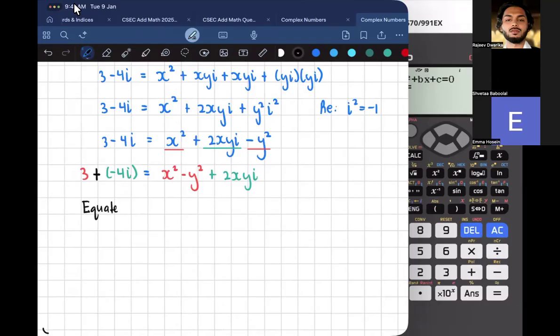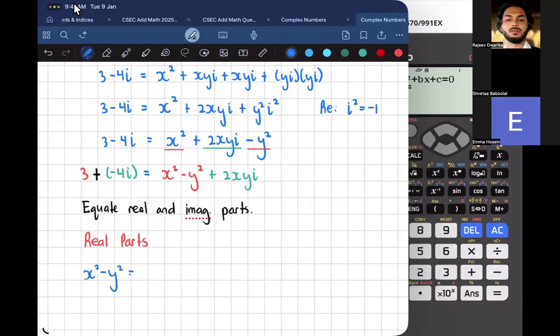Equate real and imaginary parts. So if I equate the real parts first, what would I end up with? x squared minus y squared is equal to 3. And if we equate the imaginary parts, 2xy is equal to minus 4.